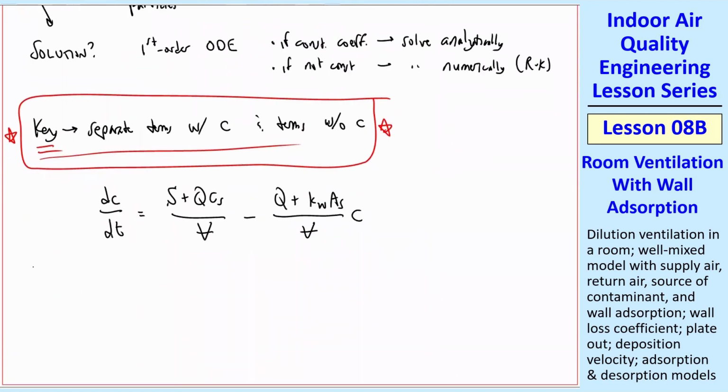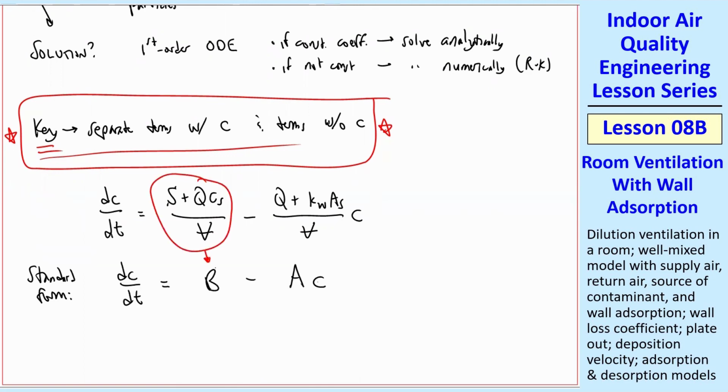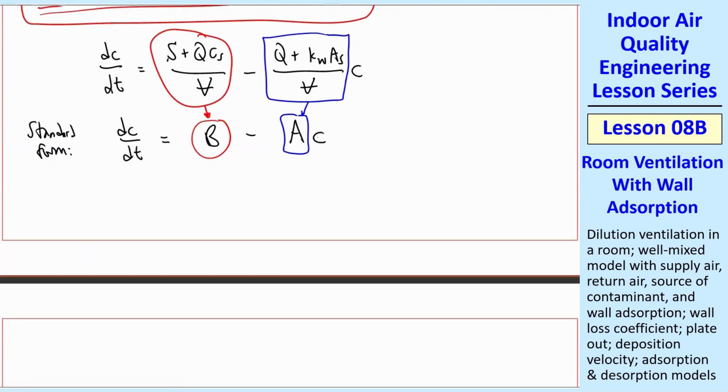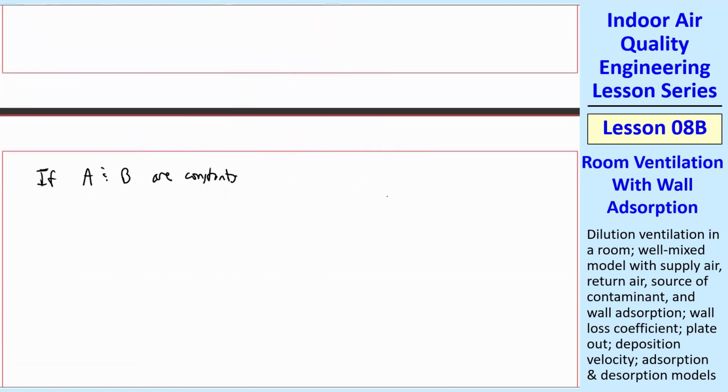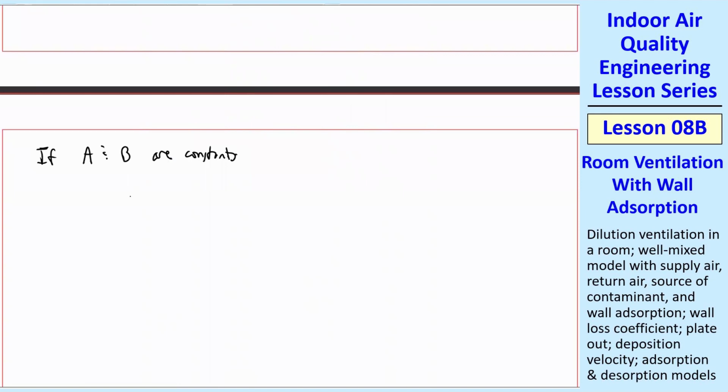And now I can rewrite it in standard form, as you recall. So obviously, (S plus Q CS)/V is equal to B, and (Q plus KW AS)/V is equal to A. Once we have these, we can solve. So if A and B are constants, then we have the same solution as before: (CSS minus C)/(CSS minus C naught), the initial condition, equals e to the negative At. That's all there is to it.